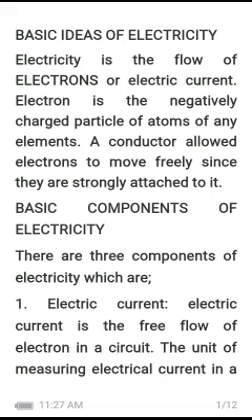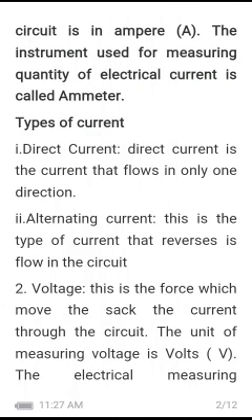Number one, we have current. Electric current is the flow of electrons in a circuit. The unit of measuring electric current is the ampere, just like you measure length in centimeters and weight in kilograms.